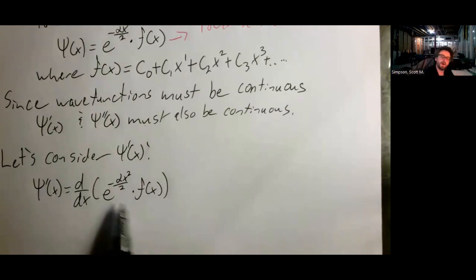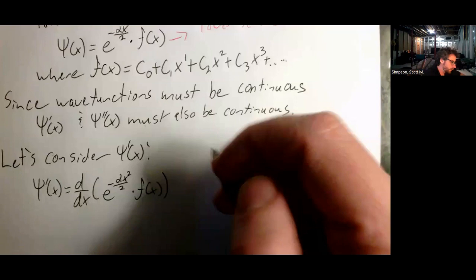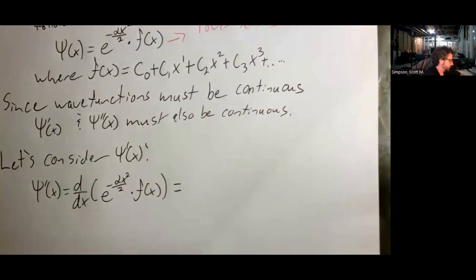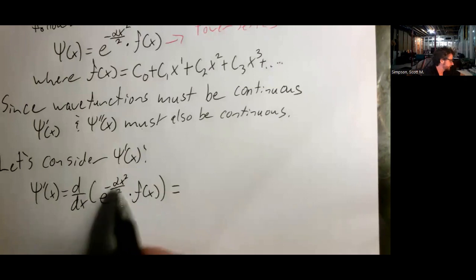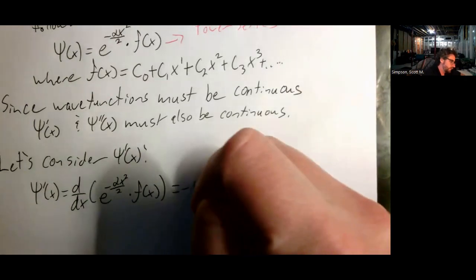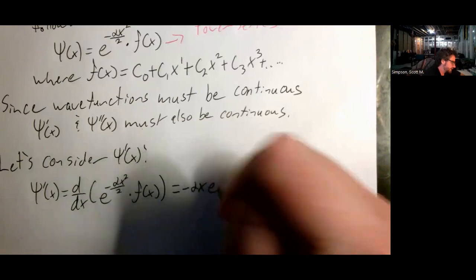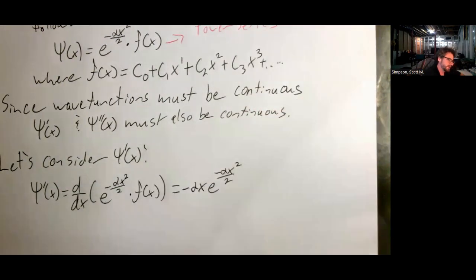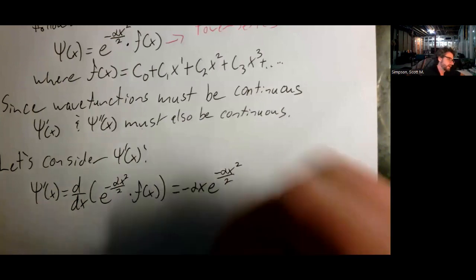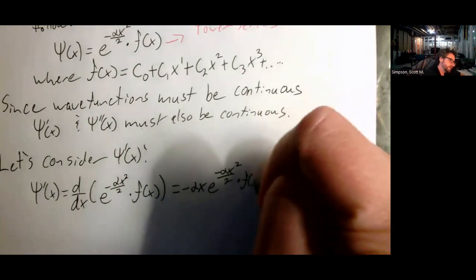Okay, so we have two functions that depend on x that are being differentiated. We have to apply the product rule, and then within that, we also have a chain rule for this function here. So product rule, derivative of the first times the second. So we got to take the derivative of this guy. We utilize the chain rule. And we find that this is the differential of the first function times the second function.